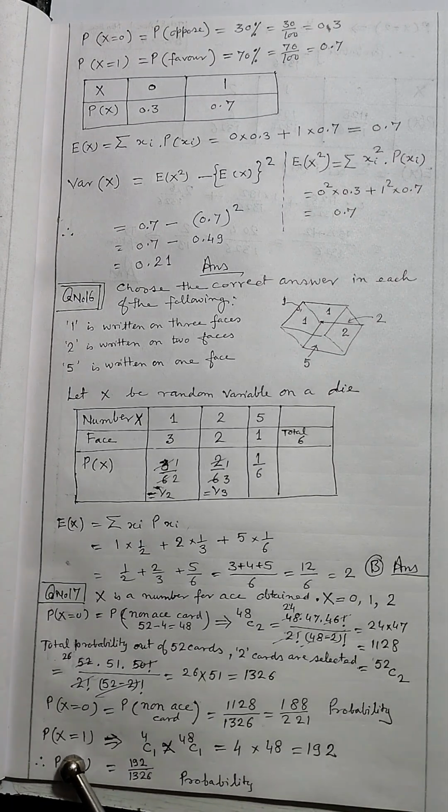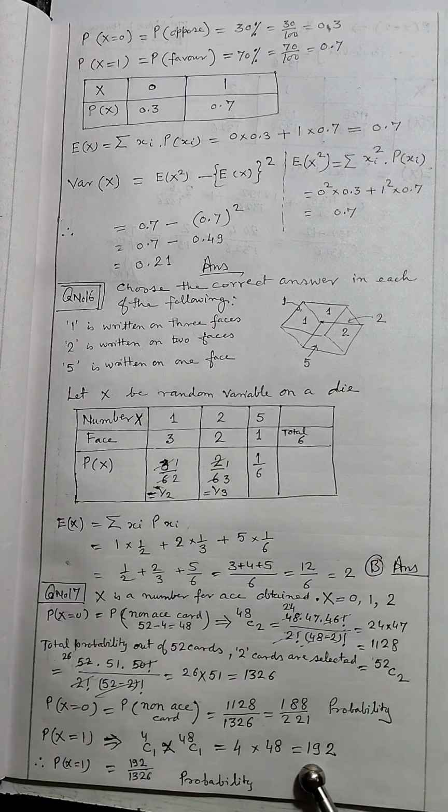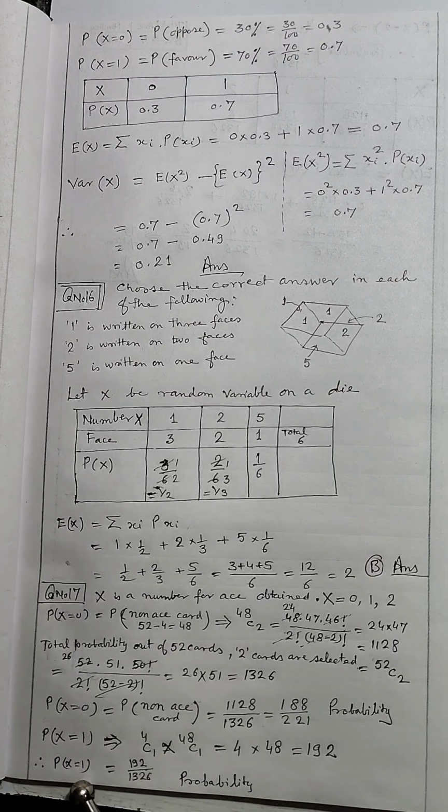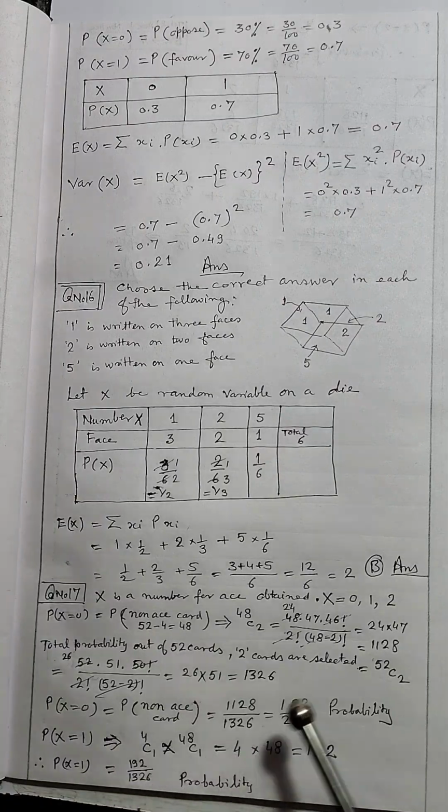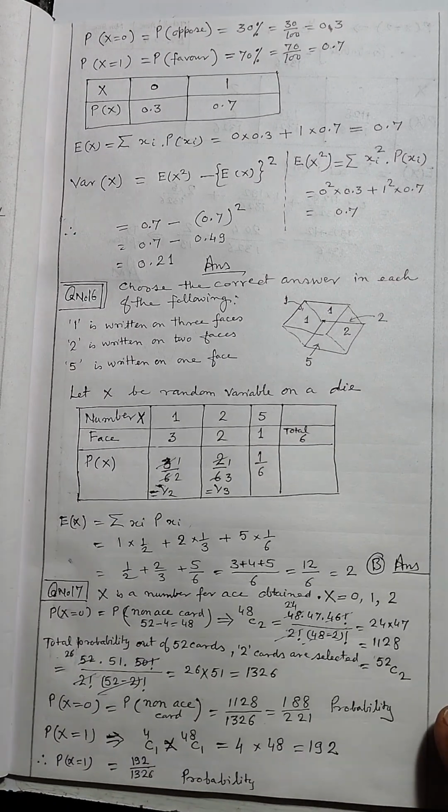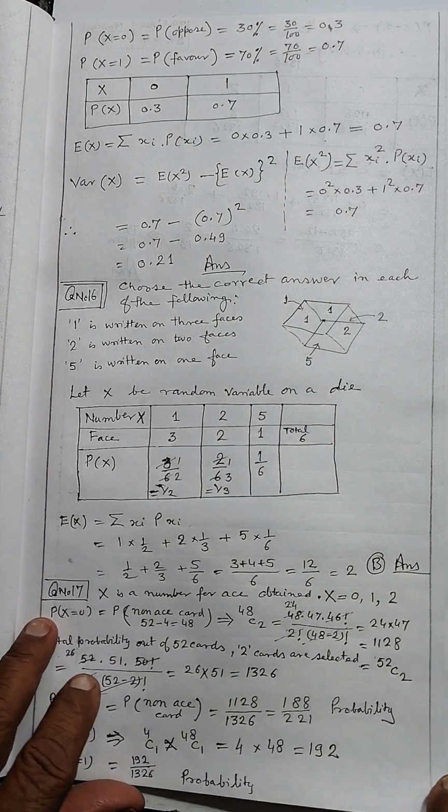Here, P(X equal to 1) implies 4C1 into 48C1, which is 4 into 48, that is equal to 192. Therefore, the probability of X equal to 1 will be 192 divided by 1326.